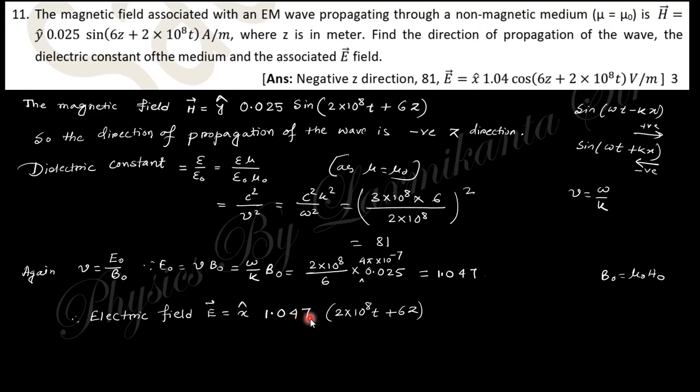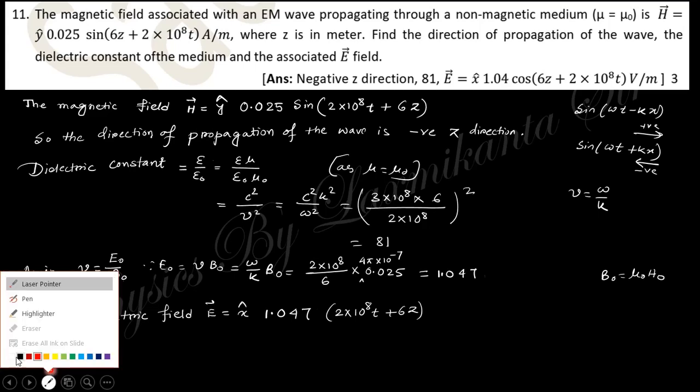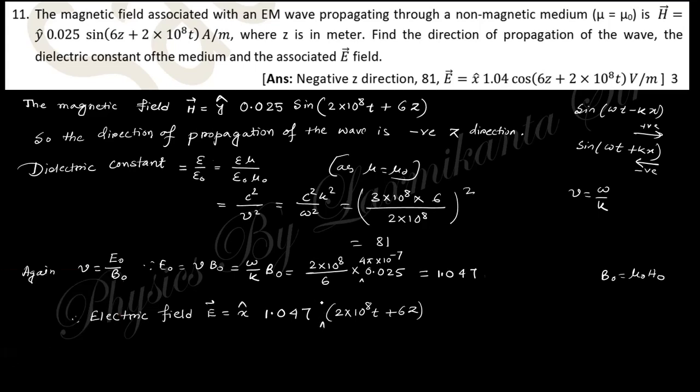This is the maximum value E0, and this is the phase part. There will be a sine. Obviously there is a missing sine, so this is sine, this one. Okay, so I think that is clear. Shall we go to the next question? This is sine, so this is also sine.